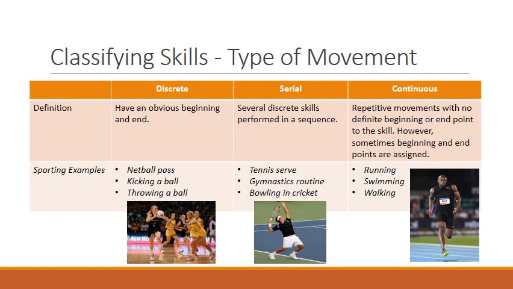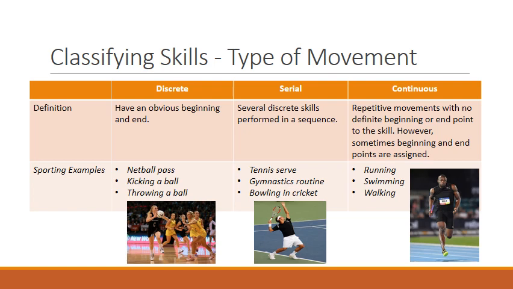A serial skill is just a number of discrete skills performed in a sequence. So for example, if you take the tennis serve, you've got the discrete skill of bouncing the ball. You might have the discrete skill of squatting down with your legs, a discrete skill of throwing the ball up in the air, a discrete skill of a backswing, then a foreswing, and then making contact with the ball.